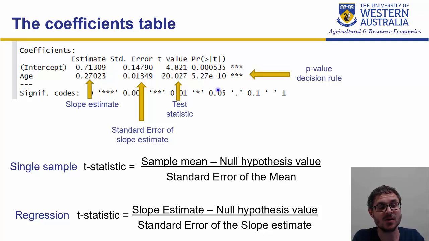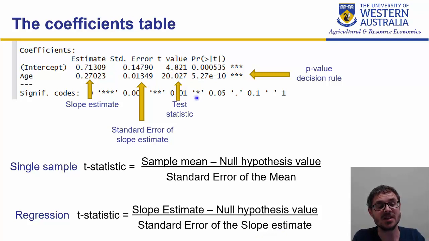So what I've got down here is, where does this t-value come from? Well, it follows this same pattern that you've seen before. We had the sample mean, the null hypothesis, and the standard error of the mean. Down here we have our slope estimate, which is our sample estimate, minus our null hypothesis value, which is always going to be 0 now, divided by the standard error of the slope estimate, which is reported, which is this guy up here.